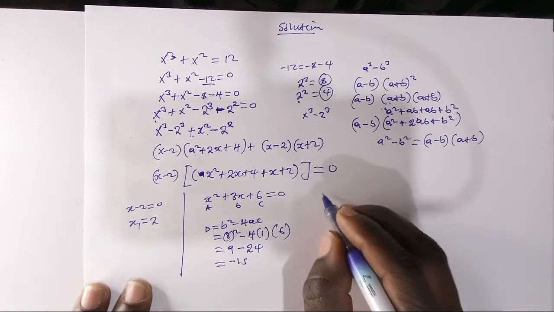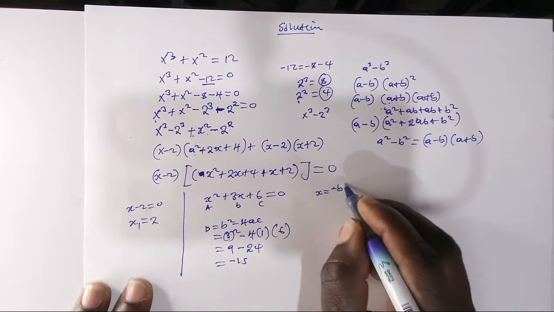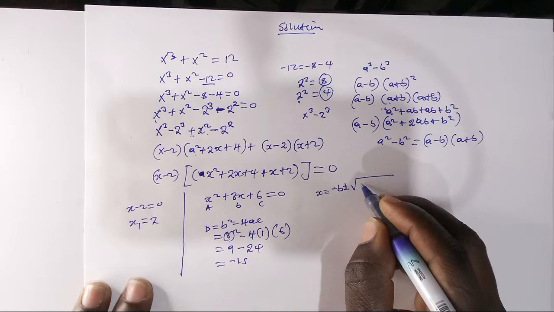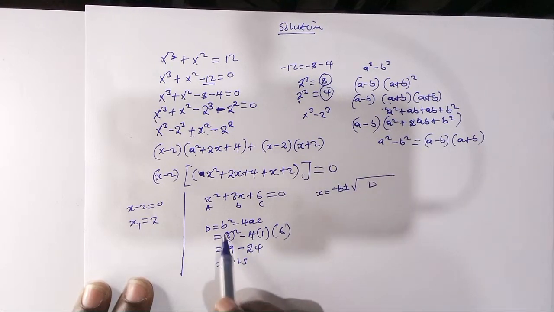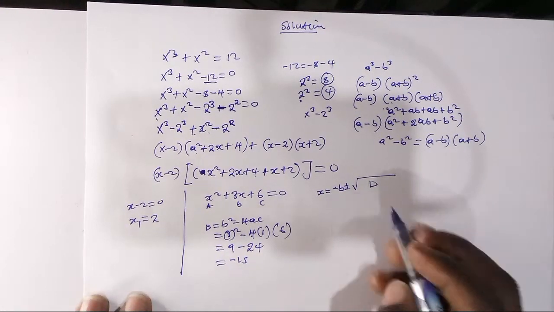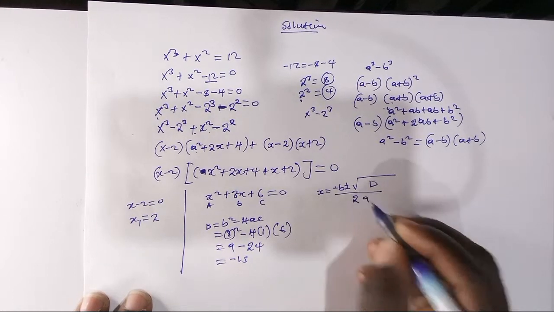So we are going to say x equals minus b plus or minus the square root of d, because we have already found the value that is always found in the square root, divided by 2a, right?